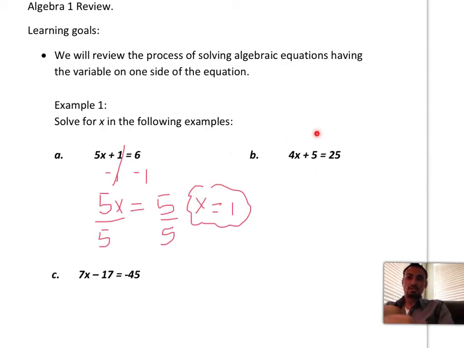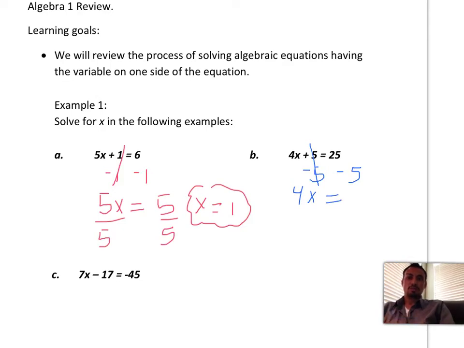Let's find the value of x. So notice that now we have plus 5, so we do the opposite just like we did here. That was a plus 1, now we do a plus 5. If it's plus 5, we do the opposite, which is minus 5 on both sides of the equation. These two cancel, and then we only have 4x left on the left hand side of the equation.